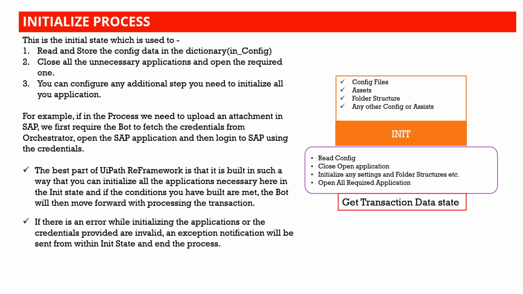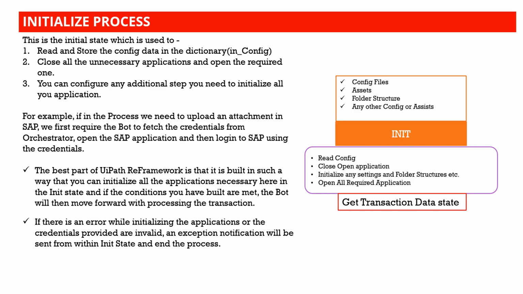So in the init state, you will get the config file, assets, folder structure, any other config and assets. Basically the diagram shown here gives you a representation of what input would be required, what the init state will be doing, and where it will move next.